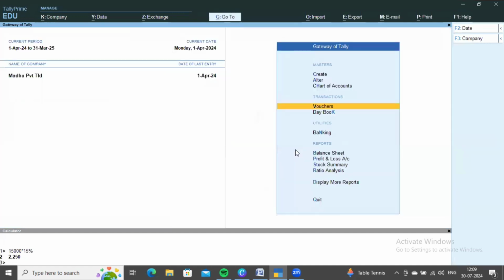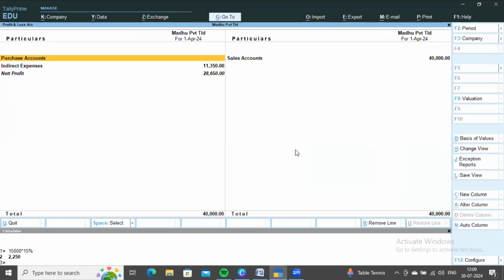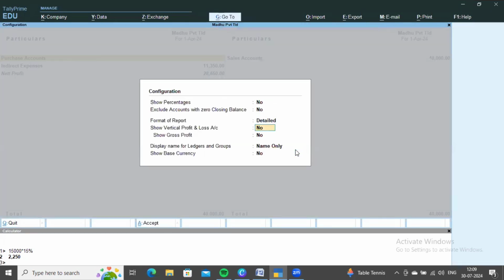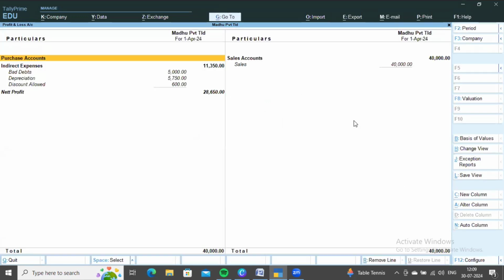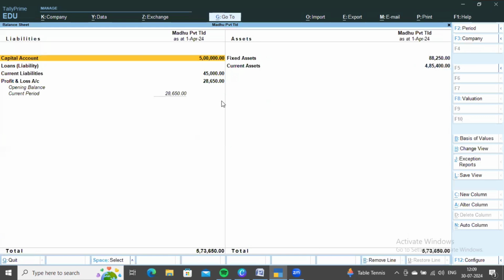Now escape and go to the profit and loss account. Press F12 configuration and view detail. Here there is net profit and the profit and loss account. These are indirect expenses, purchase, sales, indirect expenses, and finally we got net profit. Balance sheet.